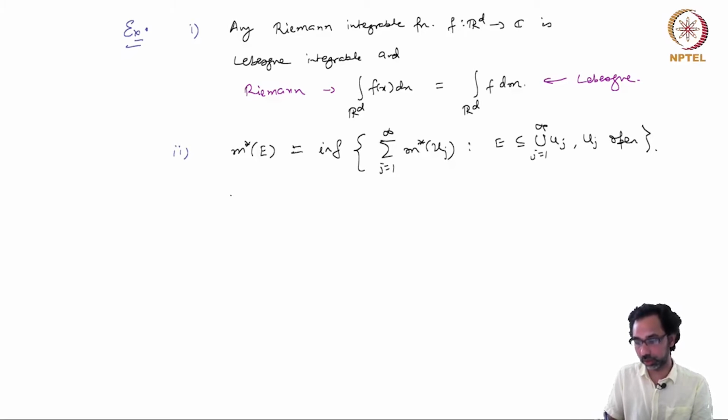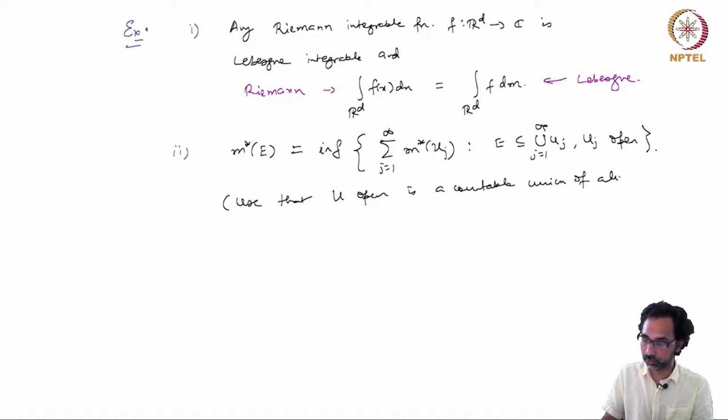For example, you can use that an open set U is a countable union of almost disjoint closed boxes.